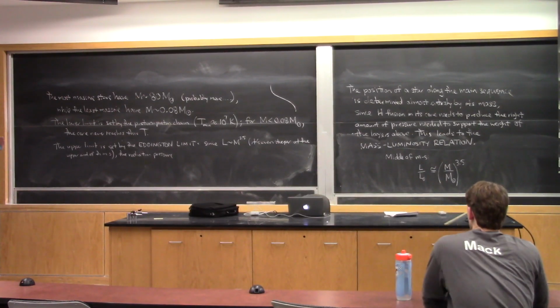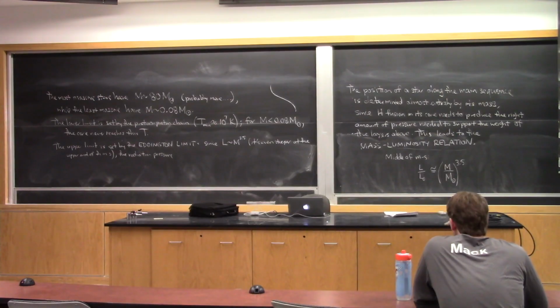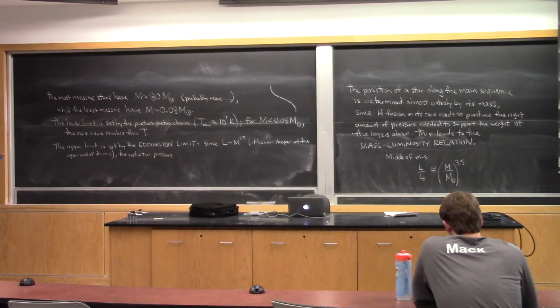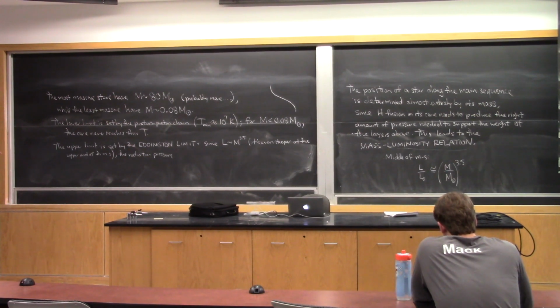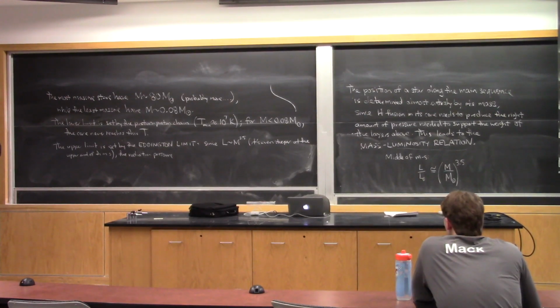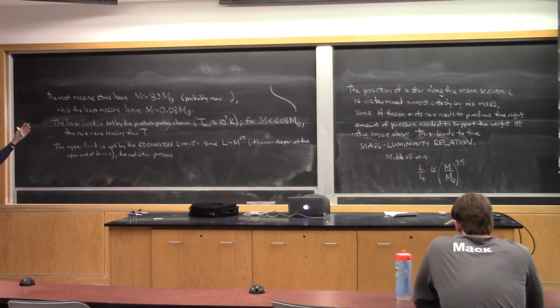And if there's enough luminosity, if there's enough photons flooding outwards from the core due to the nuclear reactions, that radiation pressure can actually be even more important than the gas pressure is in extreme cases, such that the outer layers of the star, which are further away from the center and thus weakly held by gravity, can be blown off by radiation pressure. And so that sets the upper limit.